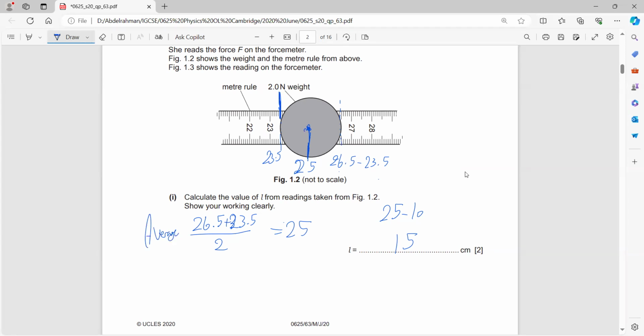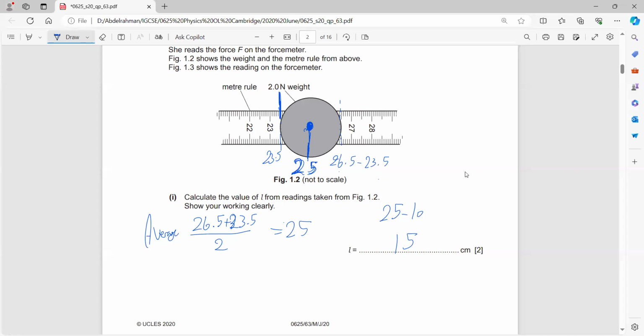Remember when I said we need to take the average of the numbers before and after the object. 23.5 plus 26.5 divided by 2 would give me 25. This means the center is at the 25 centimeter mark.